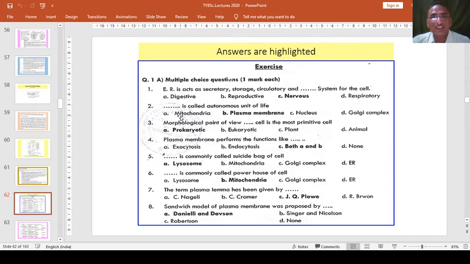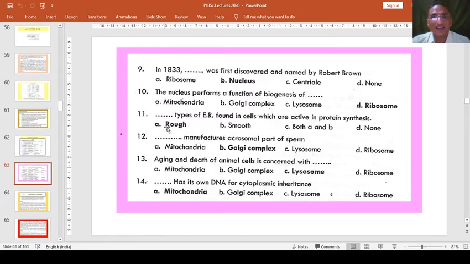And likewise, dash is called the autonomous unit of life, that is, the plasma membrane is the autonomous unit of life. Likewise you have to study this. The highlighted ones are the answers, so you have to read them as per the examination. We will take a test next week of 10 marks. An objective test will be there.